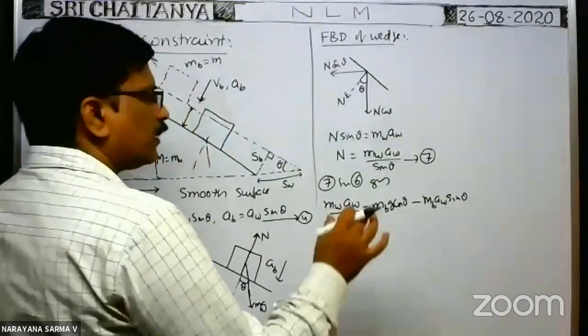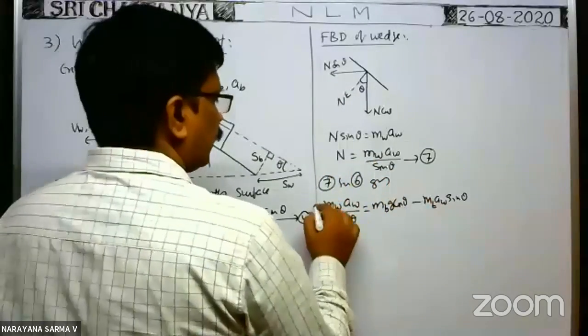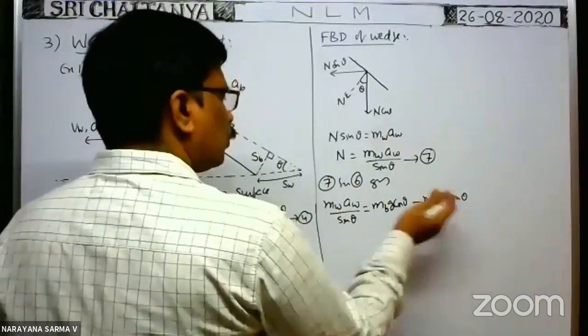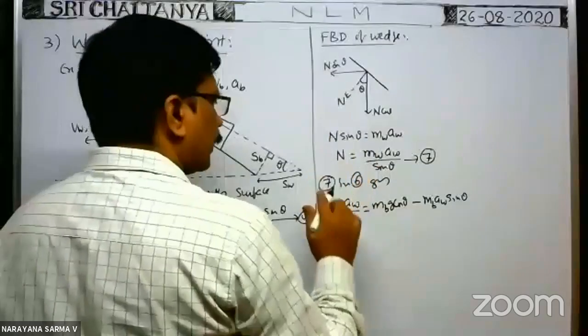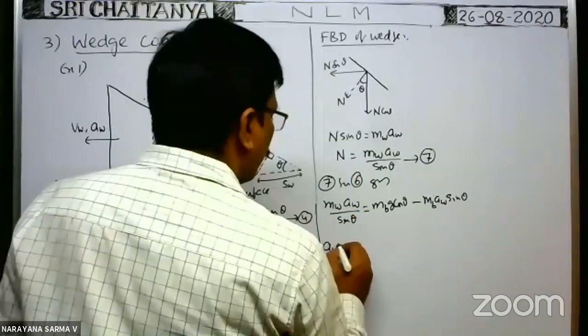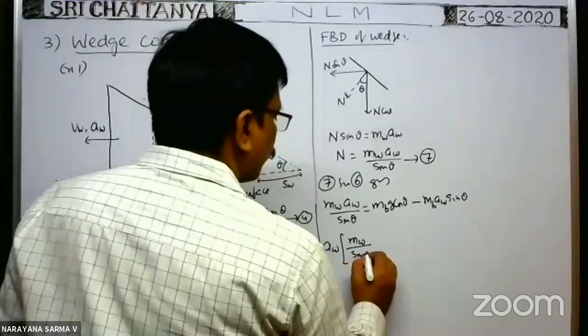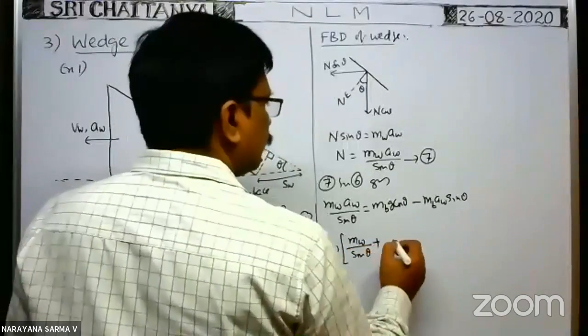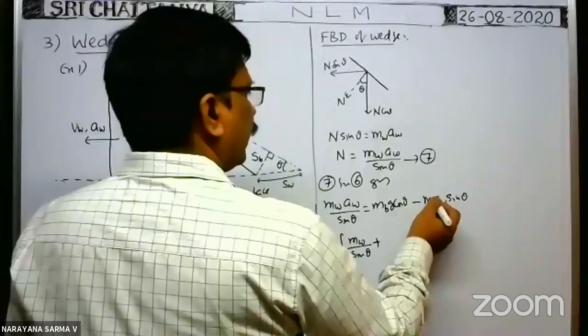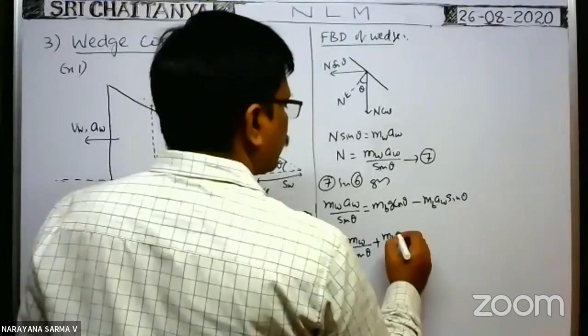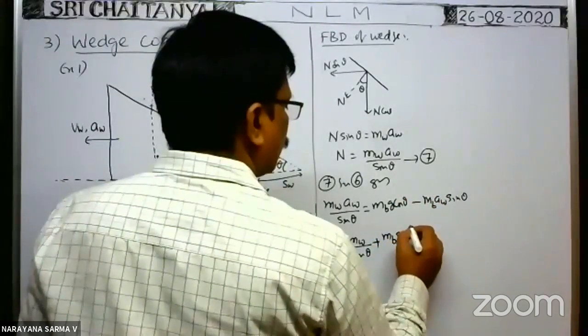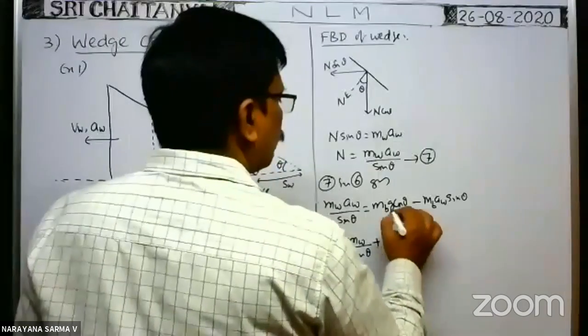Now you write all the aw terms aside. That means you bring this negative term to the left and take aw common. Then aw of mw by sin theta plus, since we have taken aw common, the remaining is mb sin theta. That's all. This is equal to mbg cos theta.